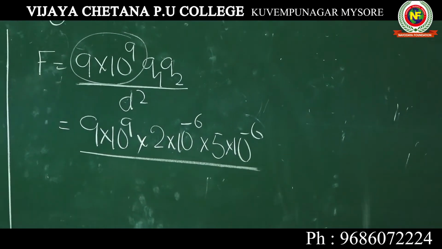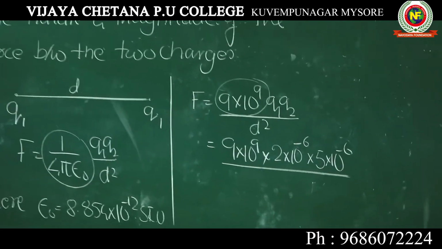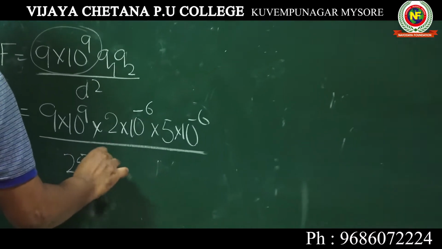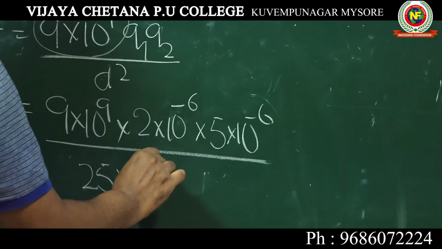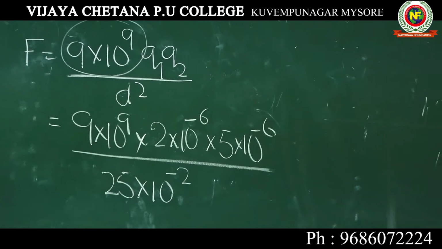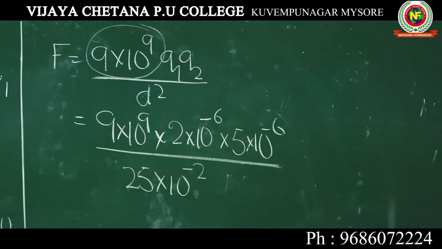How much is the distance? 25 centimeters. But this is in centimeter. We have to convert that and put it in meters. How do I do that? 25 into 10 to the power of minus 2. So if you multiply 25 centimeter by 10 power minus 2, it gets converted into meters.